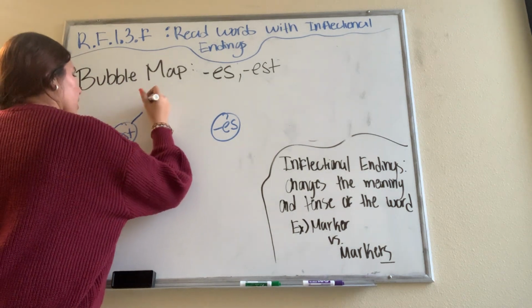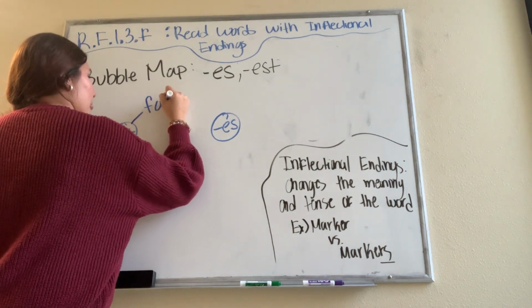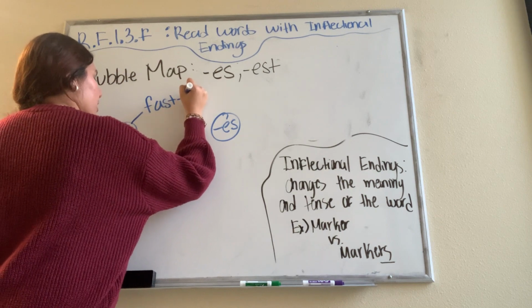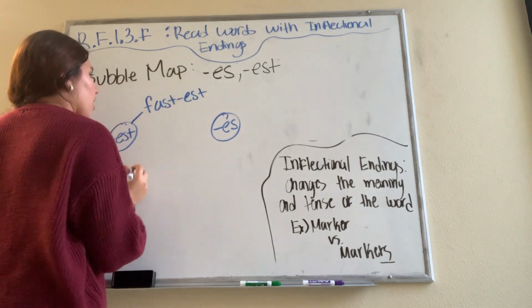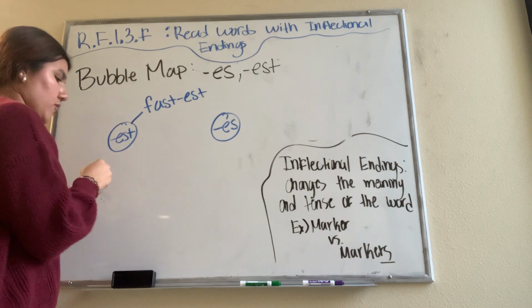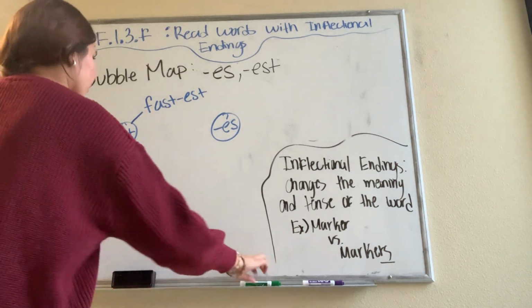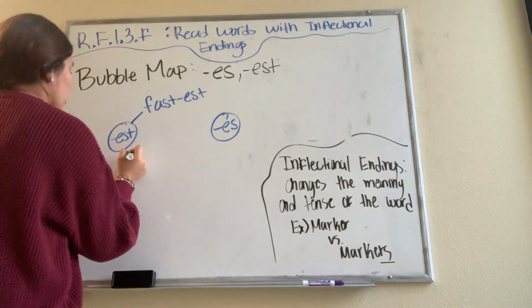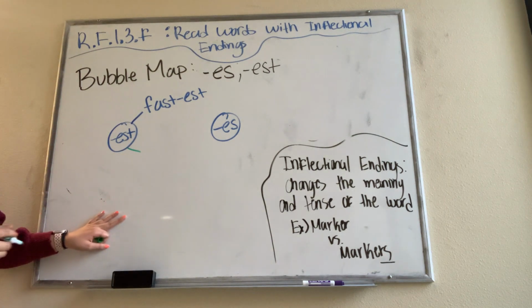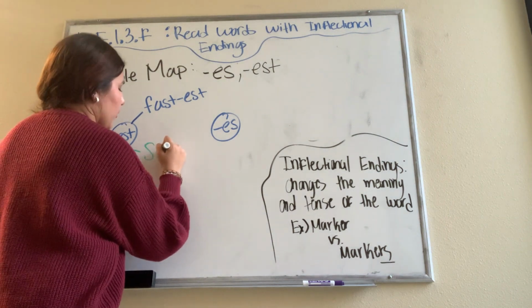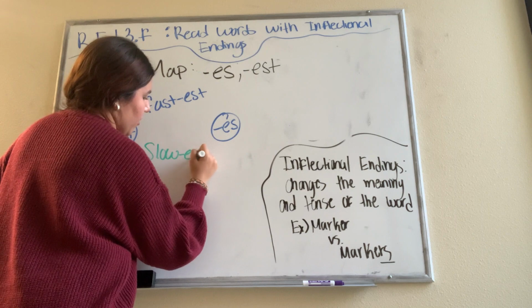So we can do fast, and then we use difficult. Another one can be slow, so slow, est.